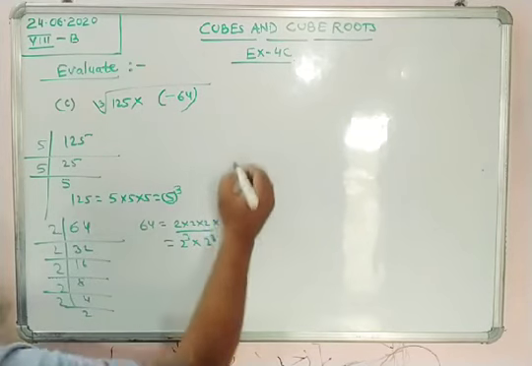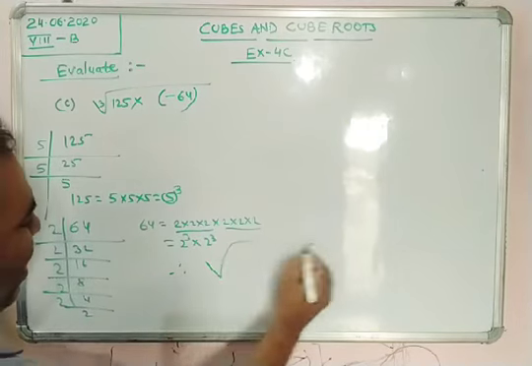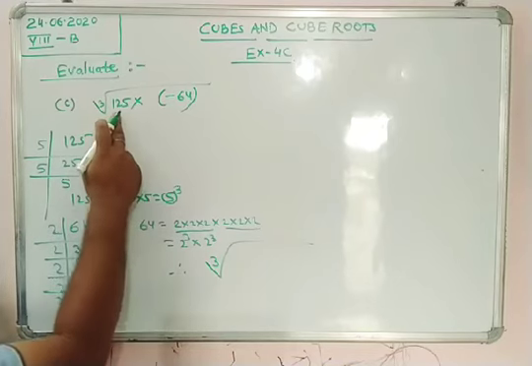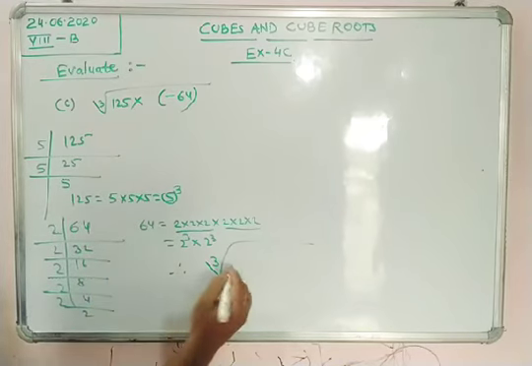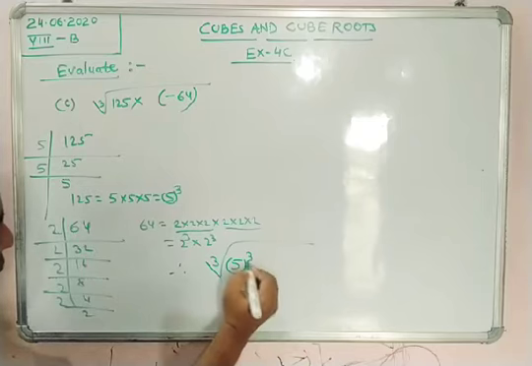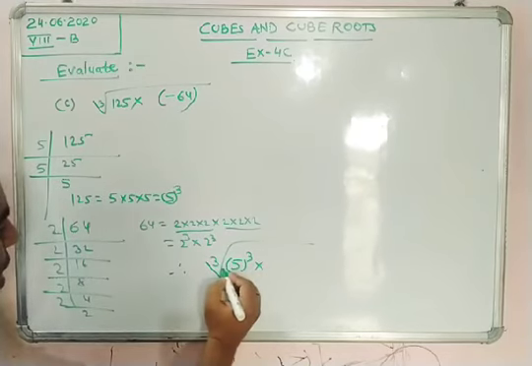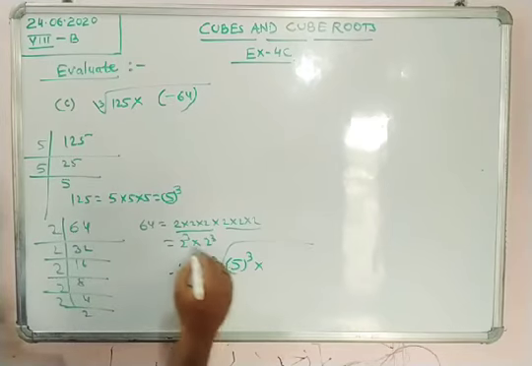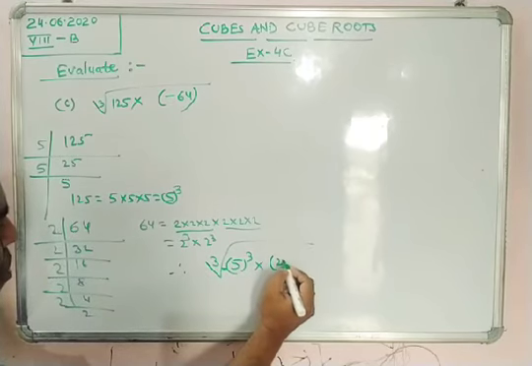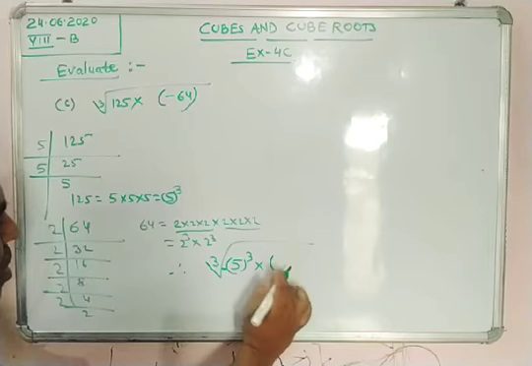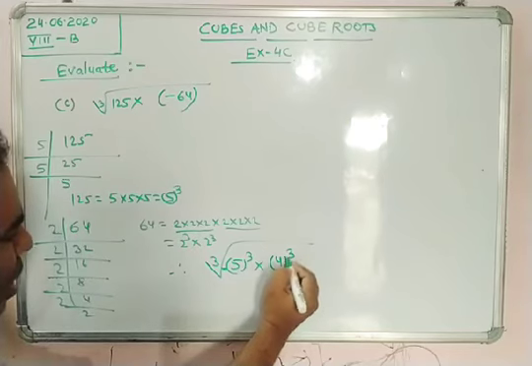Hence, we can write under the cube root, in place of 125, 5 to the power 3 into, now for minus 64, I am placing the minus sign ahead, and 2 cube into 2 cube. 2 into 2, that means 4 to the power 3.